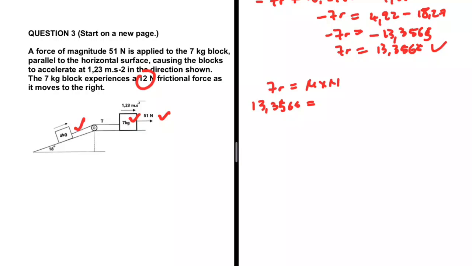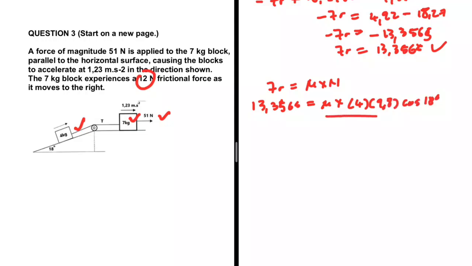The coefficient is what you're interested in. The normal force is mg cos of theta. So that will be 4 multiplied by 9.8 cos of 18 degrees.